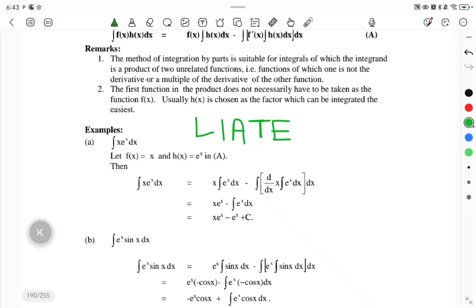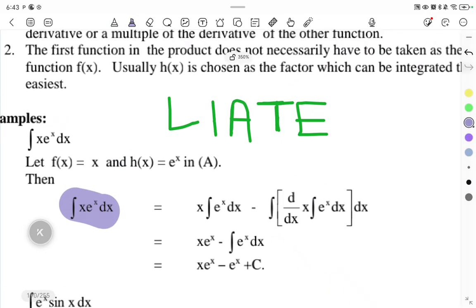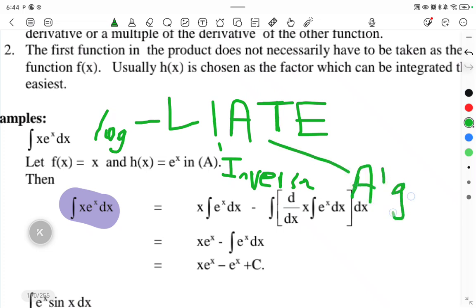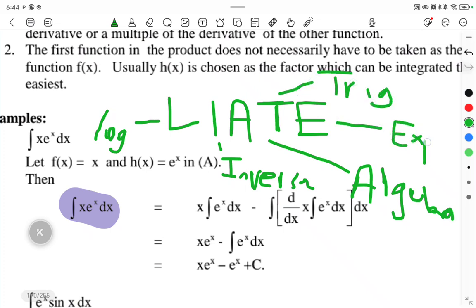Since we have the integral of x e to the x, we ask ourselves: L stands for log, then inverse, then algebra, trig, exponential.